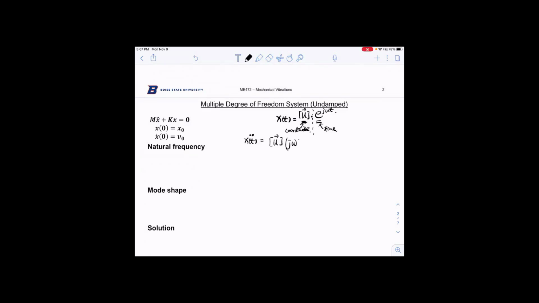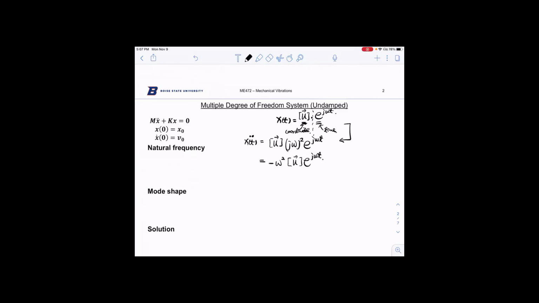So (jω)² e^(jωt), giving minus ω² u e^(jωt). That's why separating these two variables is very valuable: once they're separated, you can easily calculate the time derivatives.